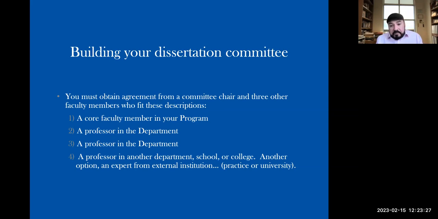And potentially, as a scholar practitioner, you can also invite someone who's an expert from an external institution, maybe from a school district, from an organization, a nonprofit, or even another university, that you can lean on for their expertise to help you construct and enhance your study.